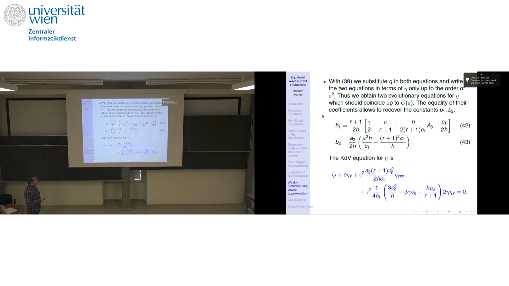Here, with coefficients that depend on the constants of the problem. So the KdV is probably the best studied integrable system. The inverse scattering, the soliton solutions, and everything is extremely well studied.